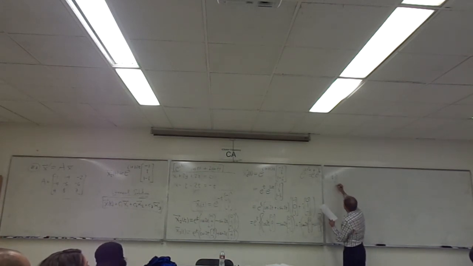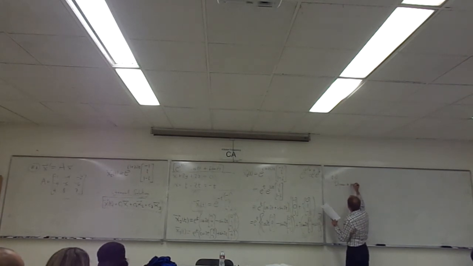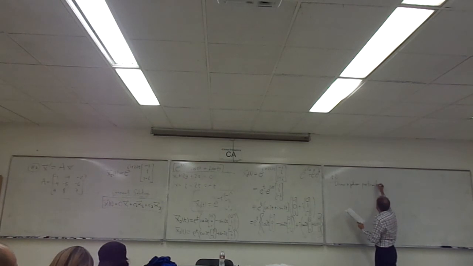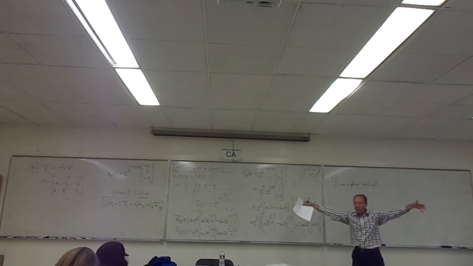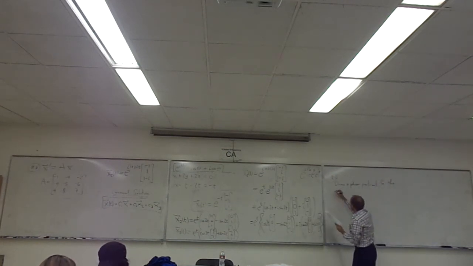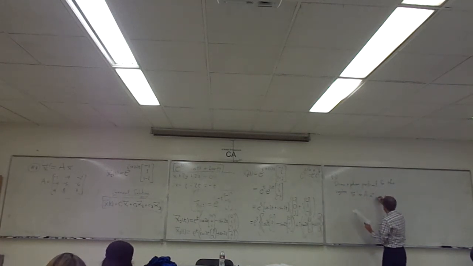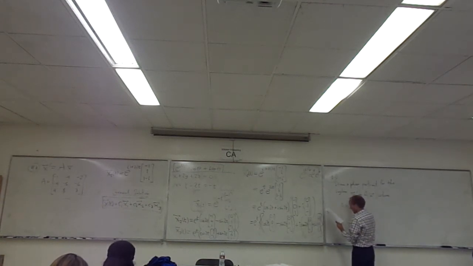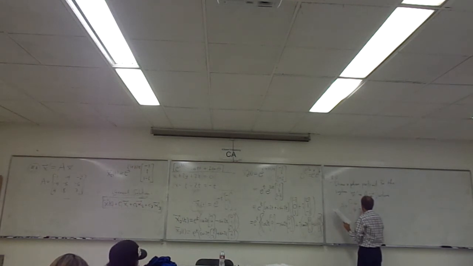So here's an example. Draw a phase portrait. That's what it's called. Remember that big giant picture I drew on the board the other day? For the system x prime equals Ax, where capital A is the matrix with rows -6, 1 and 6, -5.